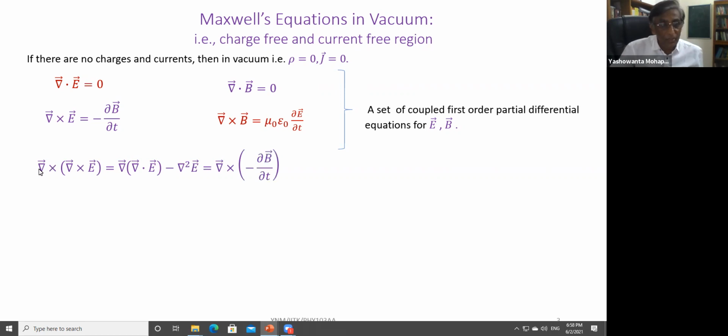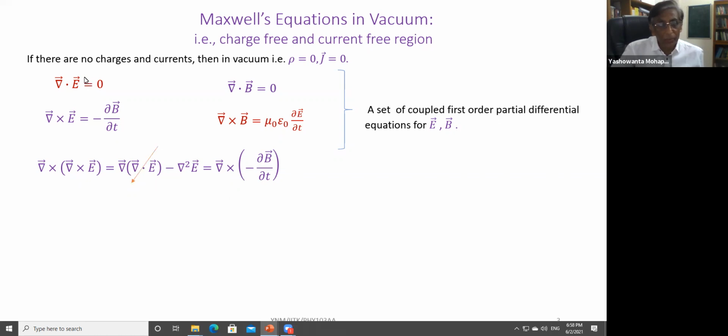All right, so what do we do? We take this one and then take its curl, del cross E. And this we have done many times. We can now expand this: the gradient of the divergence of E minus del square E, and that should be nothing but del cross of minus del B by del T. We have just taken the curl on both sides, del cross on both sides.